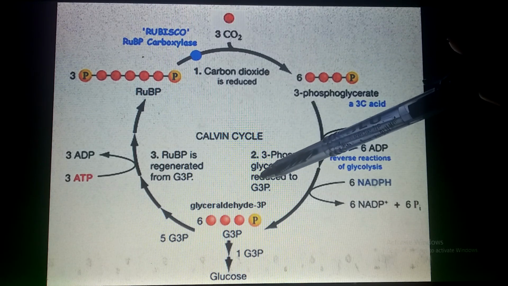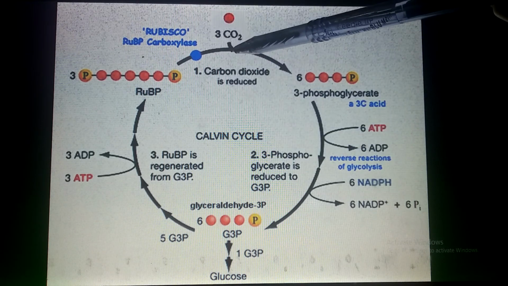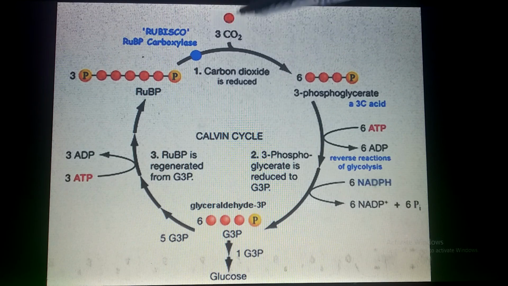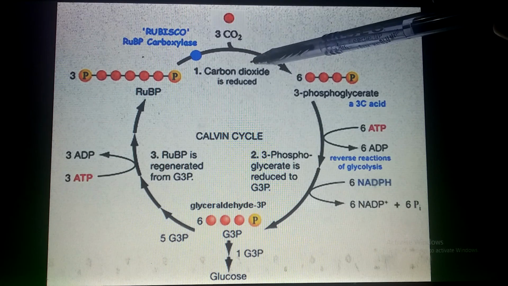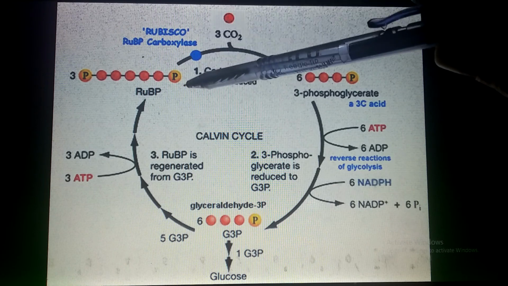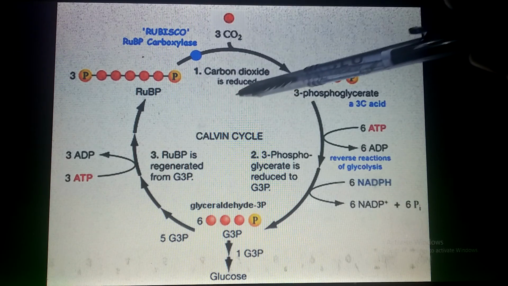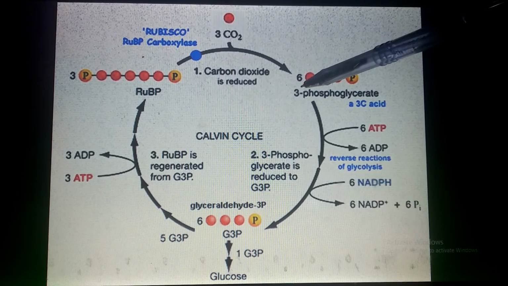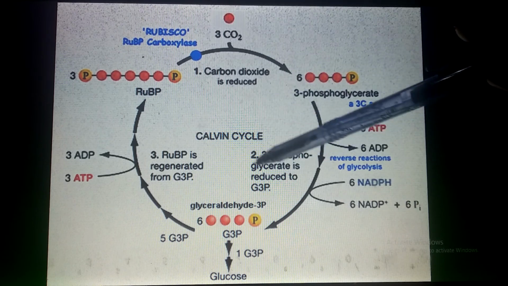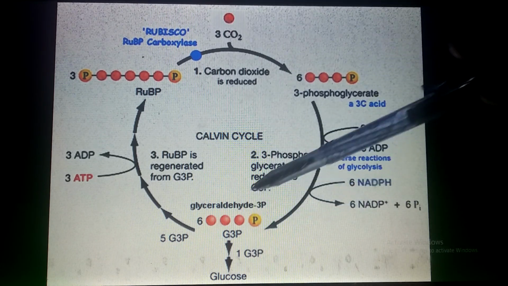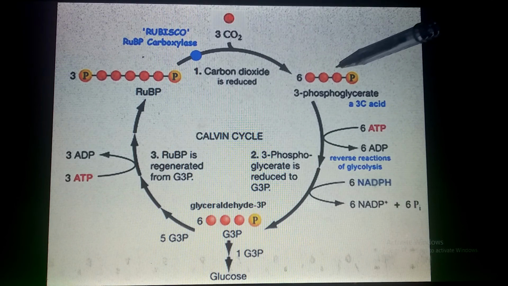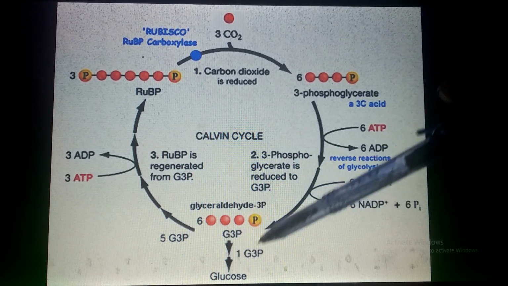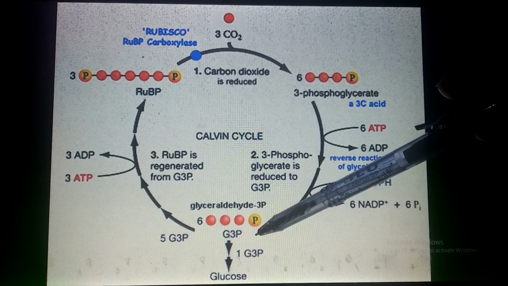Is it clear to you? Keep it in your mind and count the carbon dioxide carbon and the RuBP carbon, and then you can clearly understand the concept or the chemical reaction, the balancing of all the chemical equations. Like this is the phosphoglycerate, which is 3 carbon. This is the phosphoglyceraldehyde, which is 3 carbon.